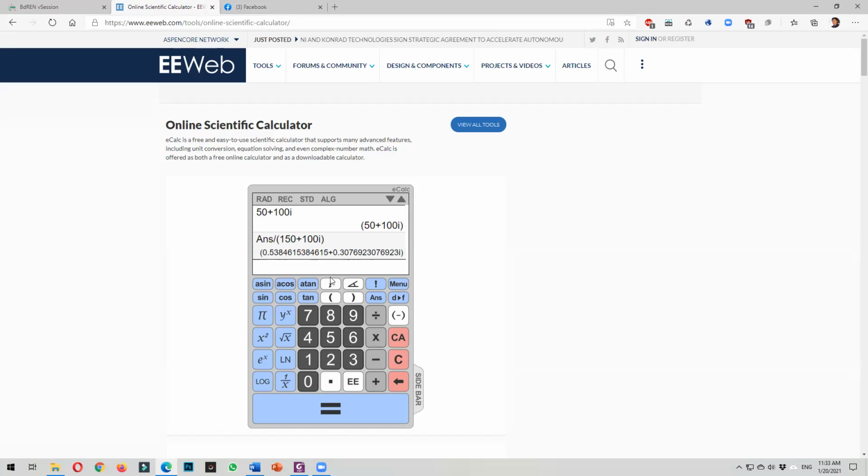Now convert it to the polar. So how to convert it here? I don't know how to convert it in this kind of calculator.